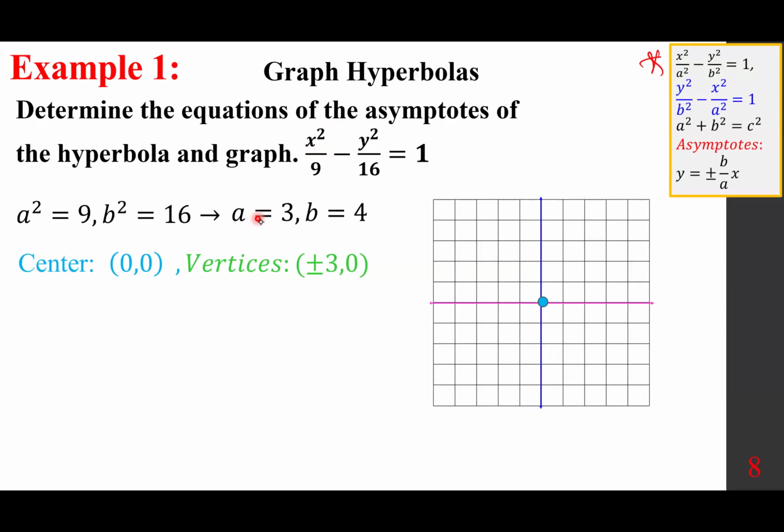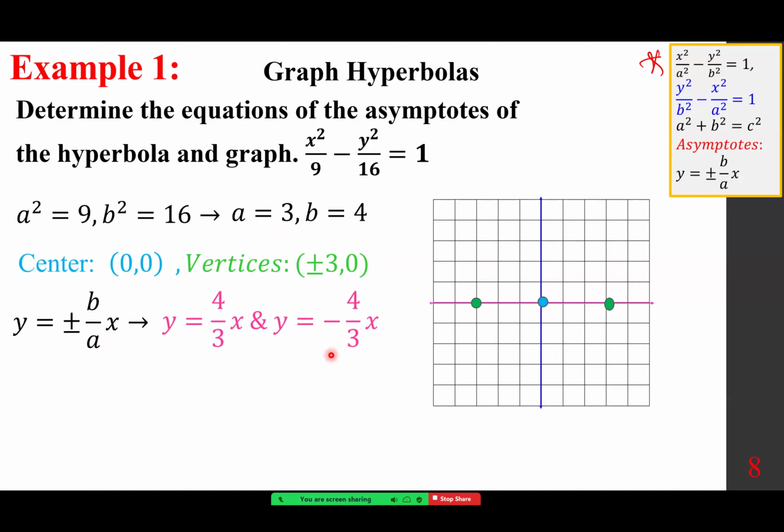In other words, the transverse axis is along the x-axis, and we plot those pairs. Since y is plus minus b over a times x, we have plus minus 4/3 x. So we have 4/3 x as well as negative 4/3 x, and you can graph those two lines easily.